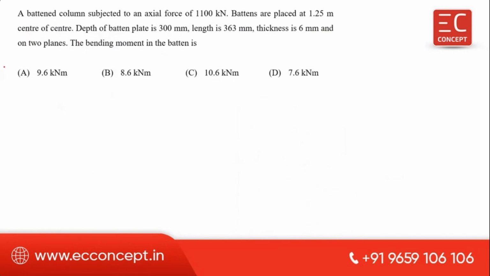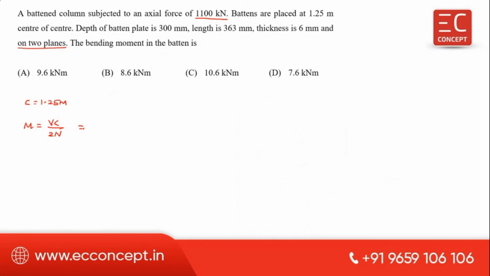Okay. Next question. A batten column is subjected to an axial force of 1100 kilonewton. The battens are placed at 1.25 meter center to center, that is, C is given as 1.25 meter. The depth of the batten, the length of the batten, and the thickness of the batten on two planes are given. The bending moment in the batten is VC divided by 2N. Here V is the transverse shear.